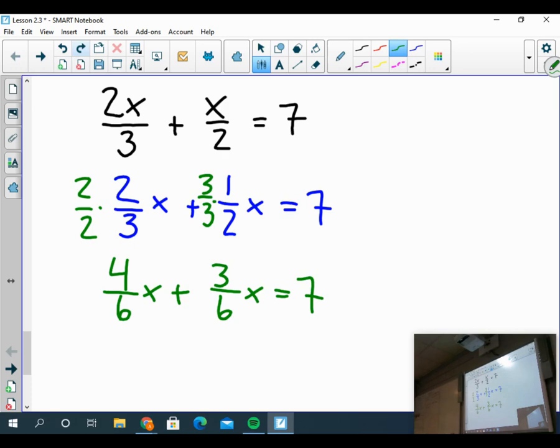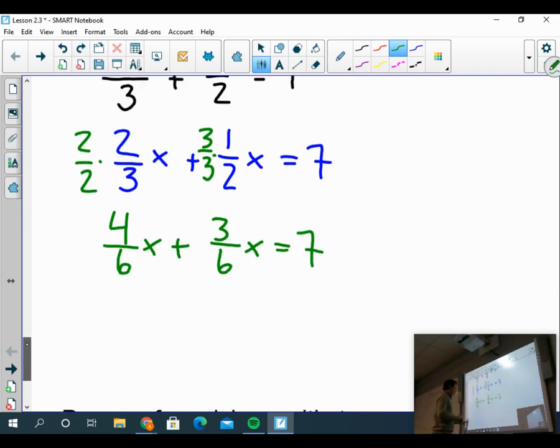And now I can combine my like terms. They are like terms because they both have an x and they have the same denominator. So what do we do when we have like terms that have the same denominator? We add the numerators.